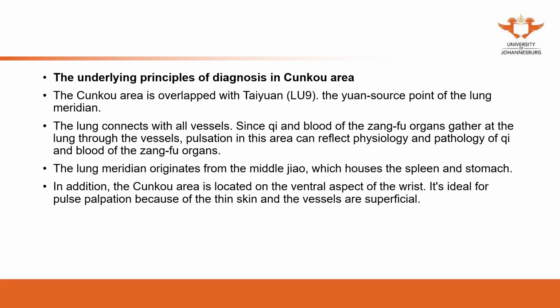So here are some of the underlying principles of the 寸口 area. Firstly, it's the yuan source point of the lung meridian, which can identify the condition of the lung. And the lung connects with all vessels. That's from the lung's function. What's the function of the lung?